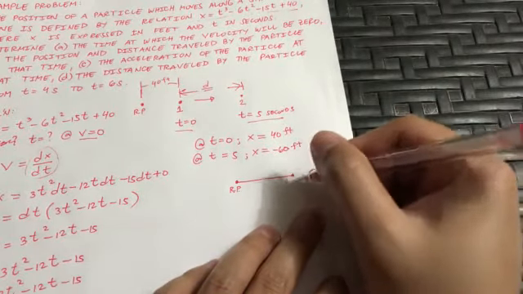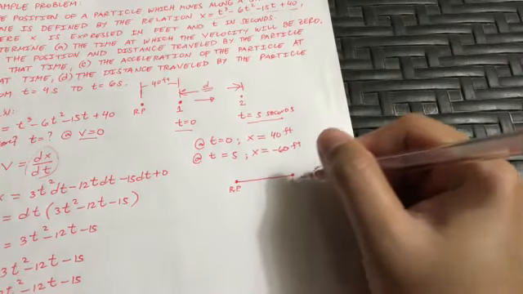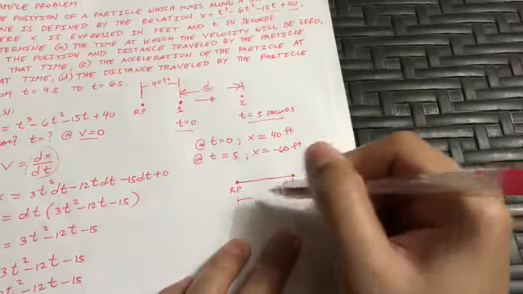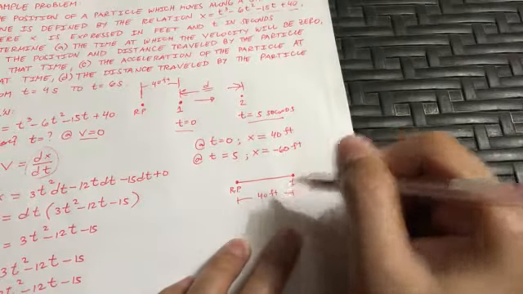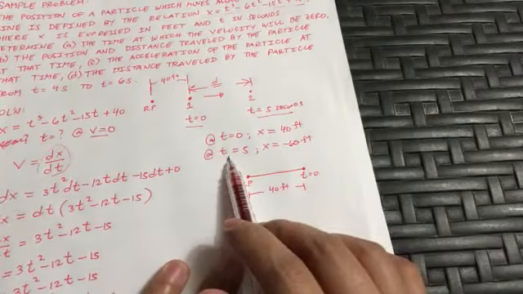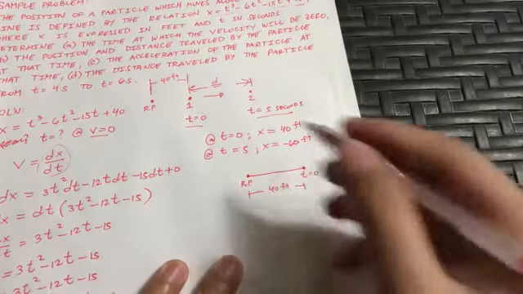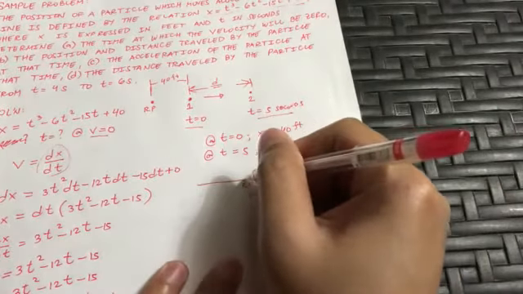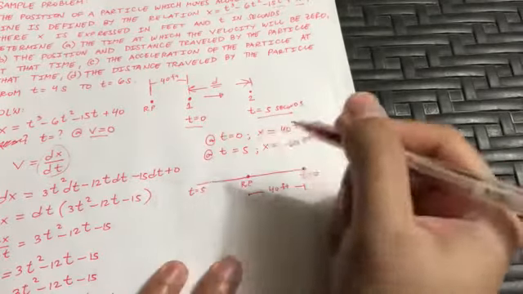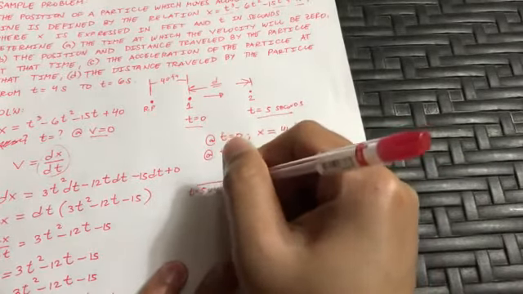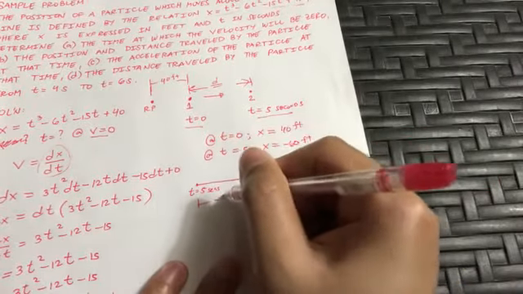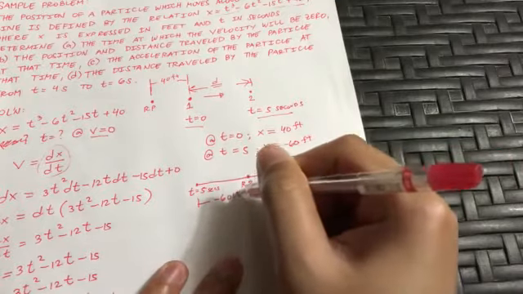This would be at time 0, equivalent to 40 feet. And at time of 5 seconds, it's located now at negative 60. This distance is what we have, negative 60 feet.